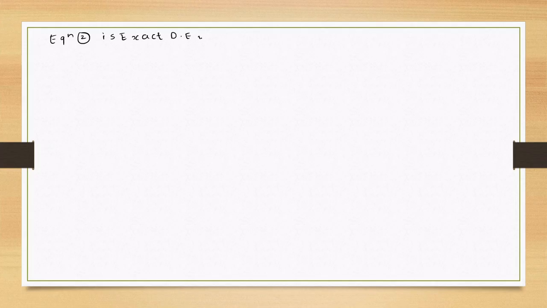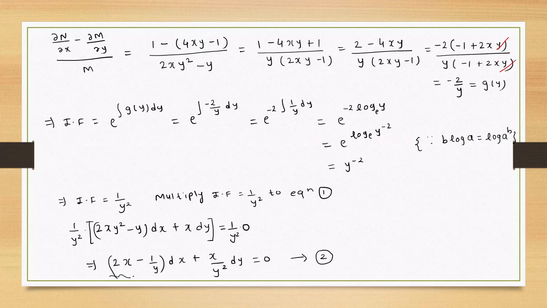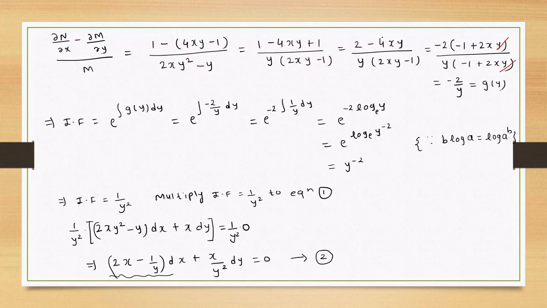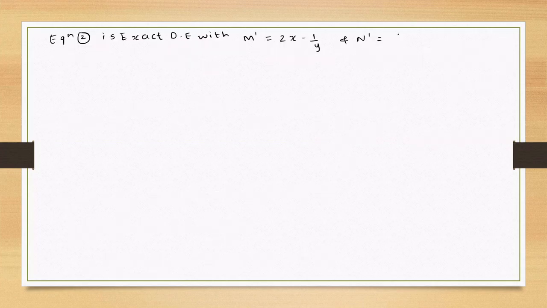differential equation with m dash is equals to, m dash means dx ka coefficient, because dx ka coefficient generally it is m, but we have already used m in the previous one. So m dash is 2x minus 1 upon y, and n dash is equals to x upon y square.